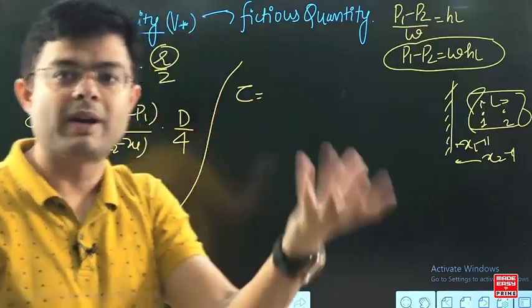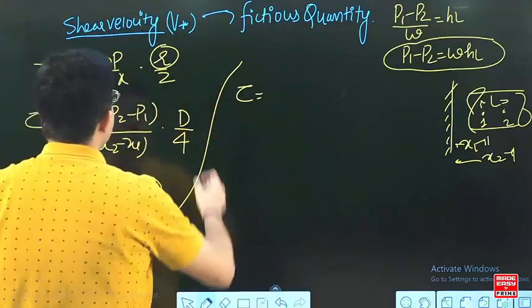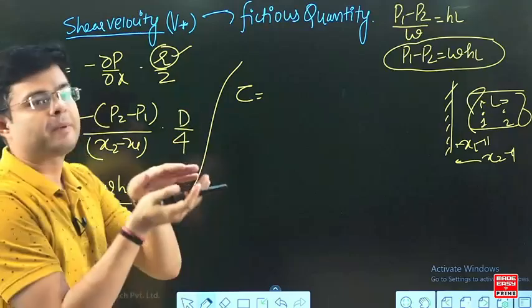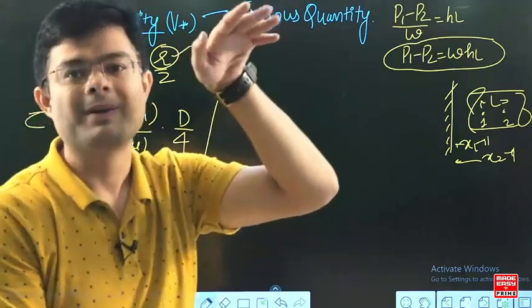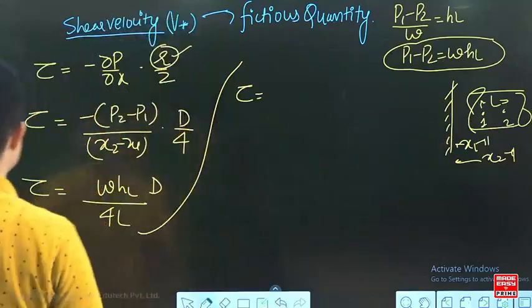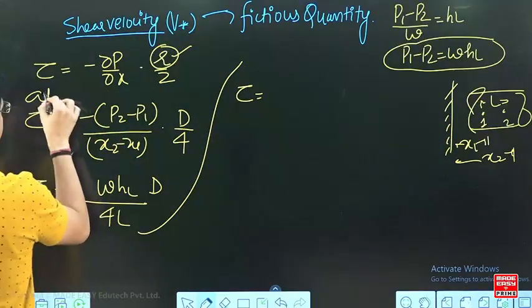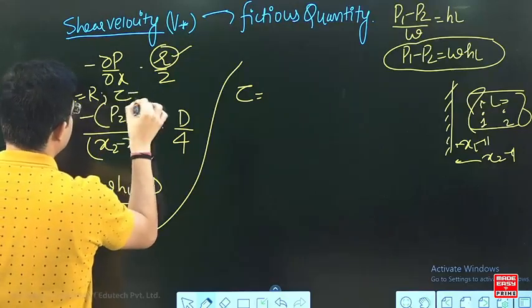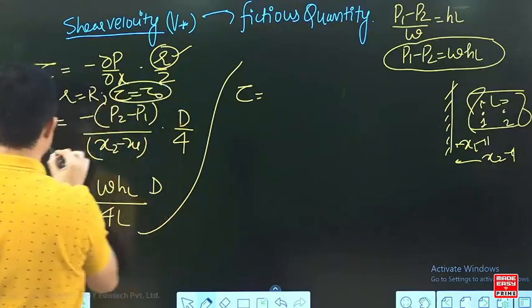Some students might have a doubt: sir, why have you converted this small r in terms of capital D? Because capital D is the complete diameter of the pipe. How have you converted small r into capital D, sir? We are using a condition now for wall shear stress. What is that condition? At r is equal to capital R, tau will be equal to tau naught, the wall shear stress.